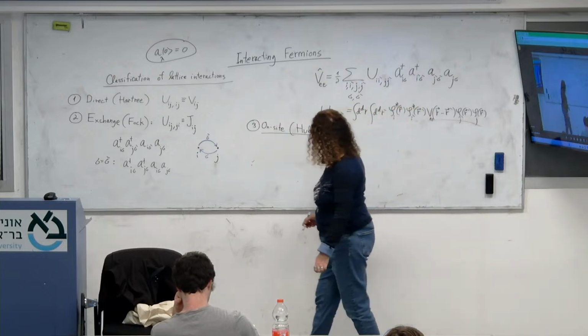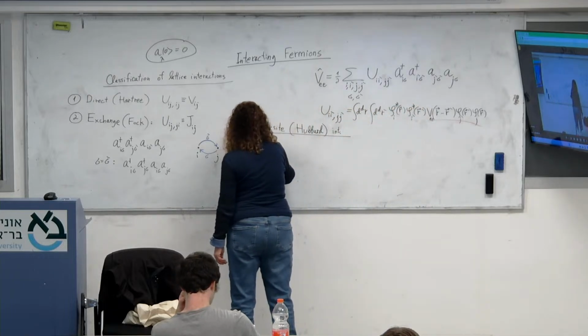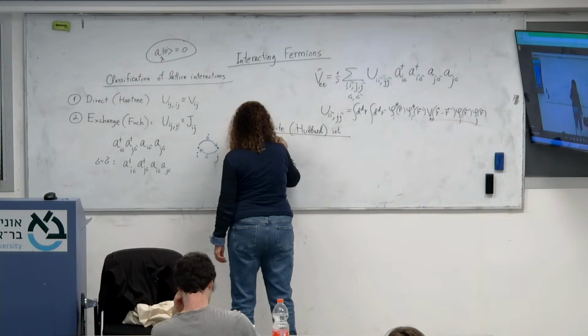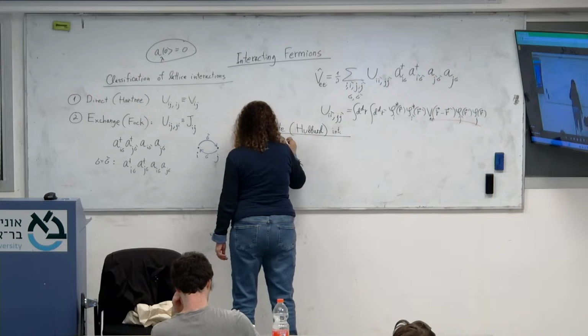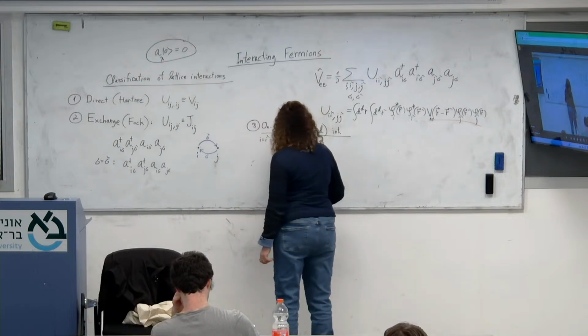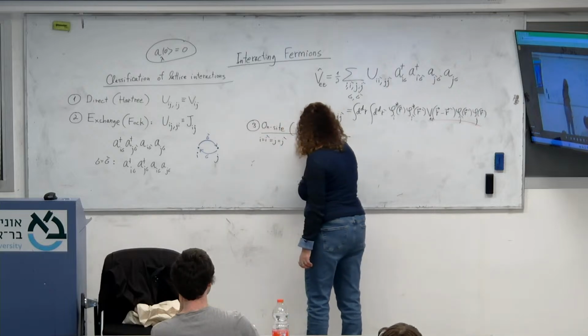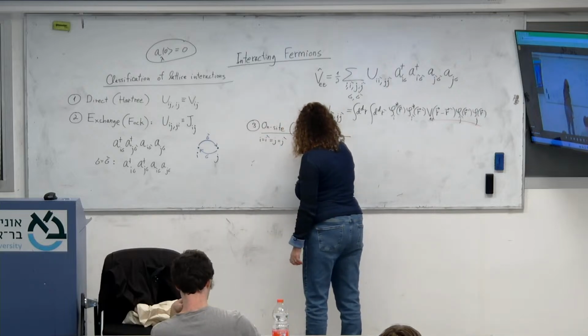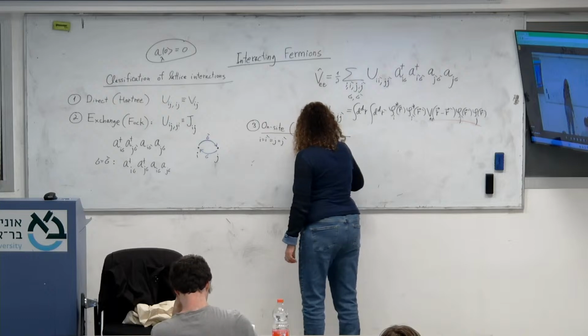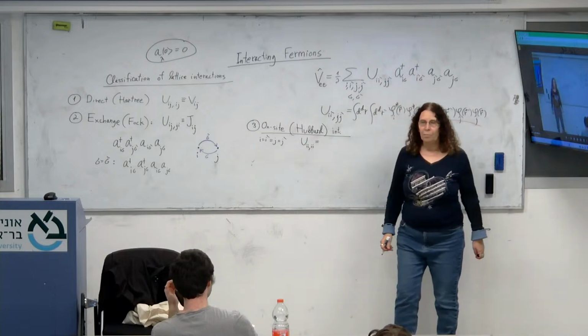So what is it? It's the case where I have only one index. All the indices are the same. And therefore, I have only one parameter, right?